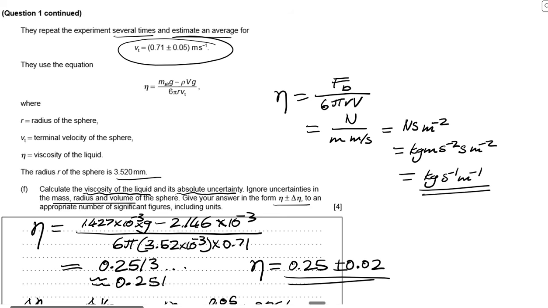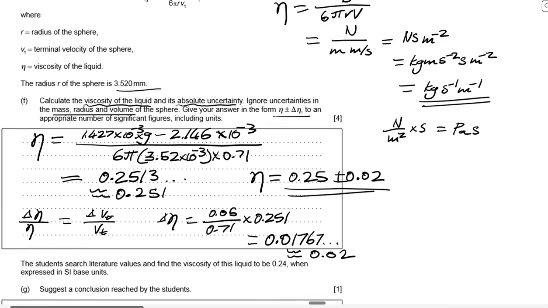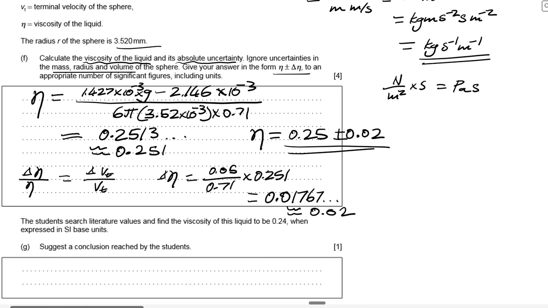So that is our unit. Or we can also just say Newton per meter squared times S, which would be Pascal seconds, but I don't know if we use that. So I'm going to use this. Right. Okay, and so that's our final answer.